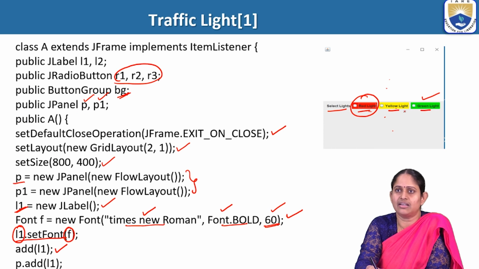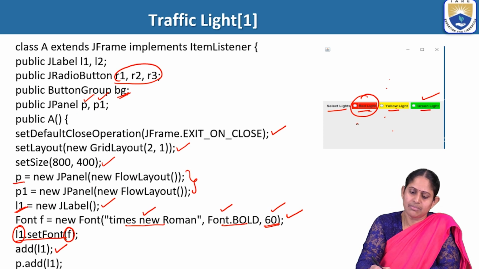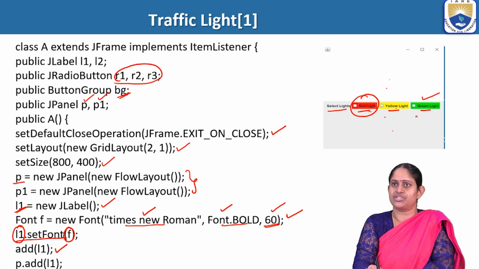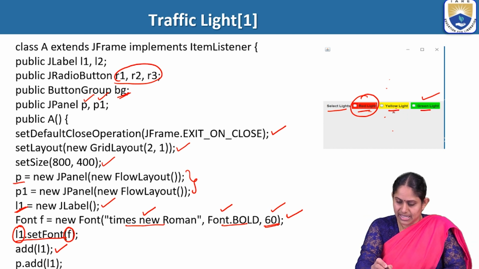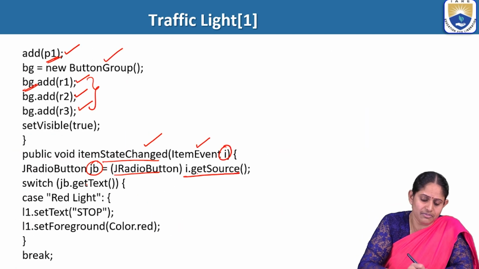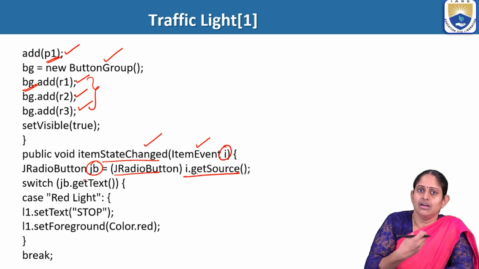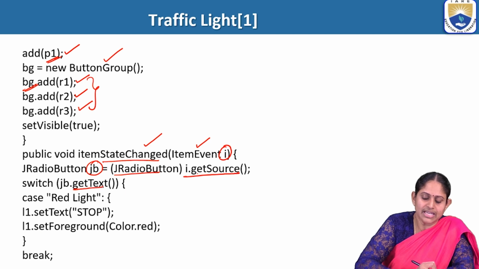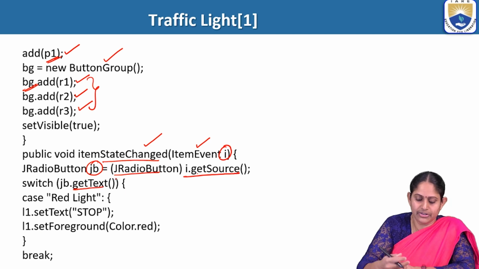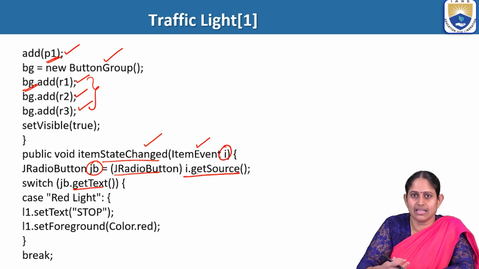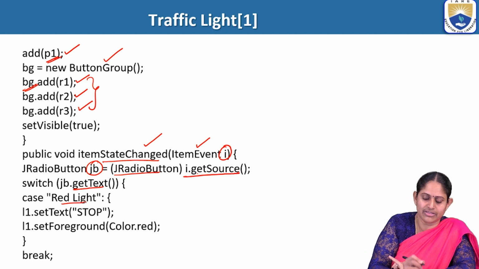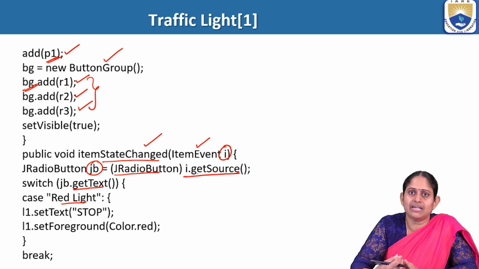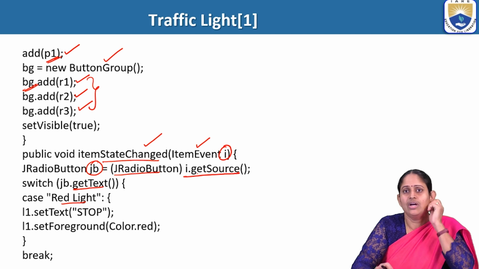these three are radio buttons, and the only difference among them is the color and the text which is being applied. So we retrieve the text of that particular radio button by using the getText method. For the red button, it will have the text red light. For the green button, it will have the text green light, and for the yellow button, the text will be set to yellow light.